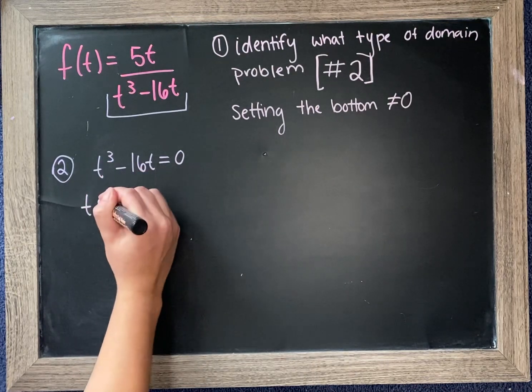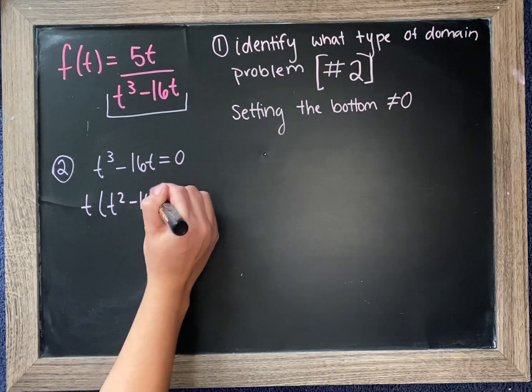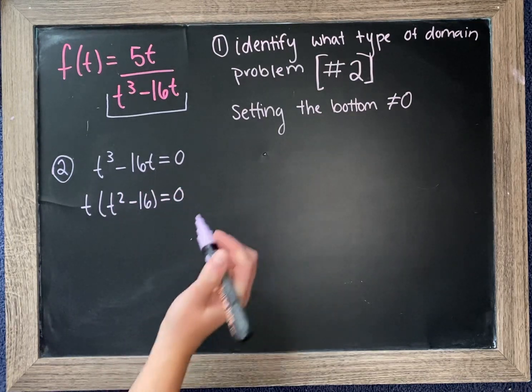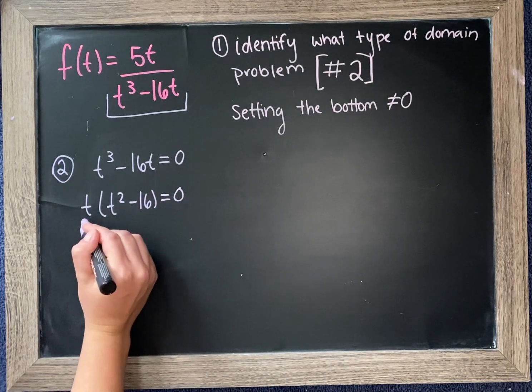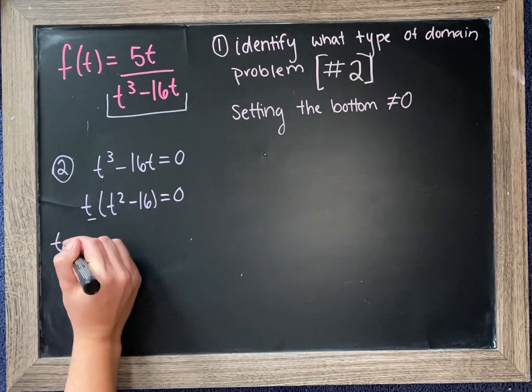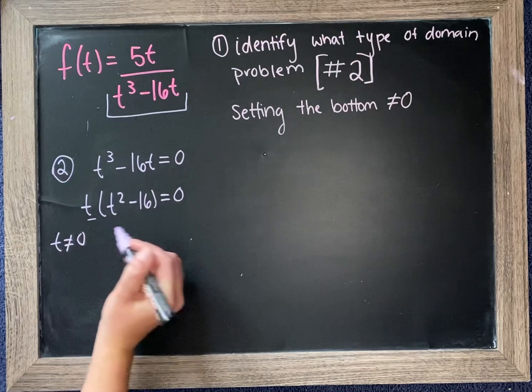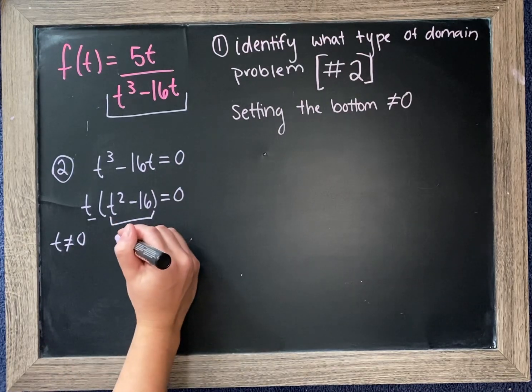So you would do t squared minus 16 is equal to 0. So you can take this t value first, because you're working with the domain. You know that you're going to have a t not equal to 0, and then we're going to take this inner part and then keep working with that.